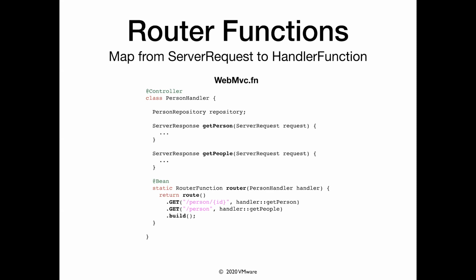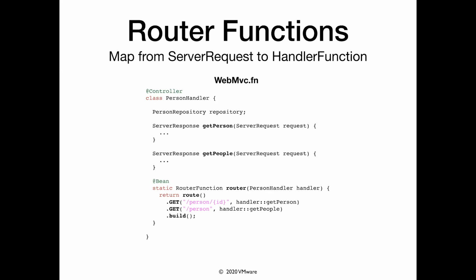So we're creating a router function based on the person handler itself. And then we use a route builder. So we say route and then period get, and then we provide a path, say /person/id, and we map that to the method reference of get person. If you've never seen it before, I'm guessing people nowadays should have seen it because it's standard Java 8 stuff.